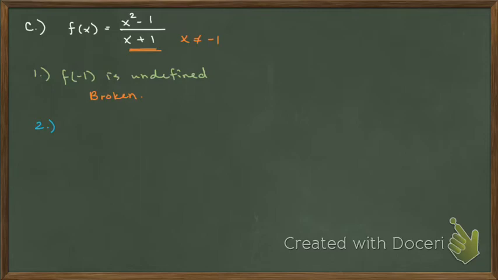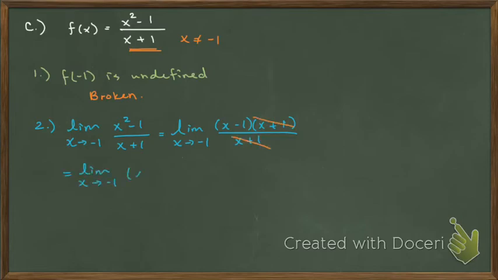Okay, but let's see if there's anything that we can do by looking at these other criteria. When I take a limit here, as x approaches -1 of my function, I can evaluate that limit by factoring and seeing that the x plus 1s, what's going to be causing my problem, cancel out, and my limit then I can say is -2.